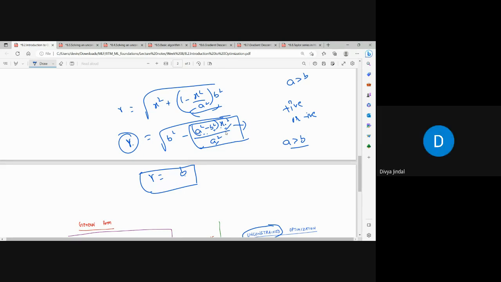So at most r can be equal to b, because the second term can be at most 0. So that is when a is greater than b. What about when a is less than b?